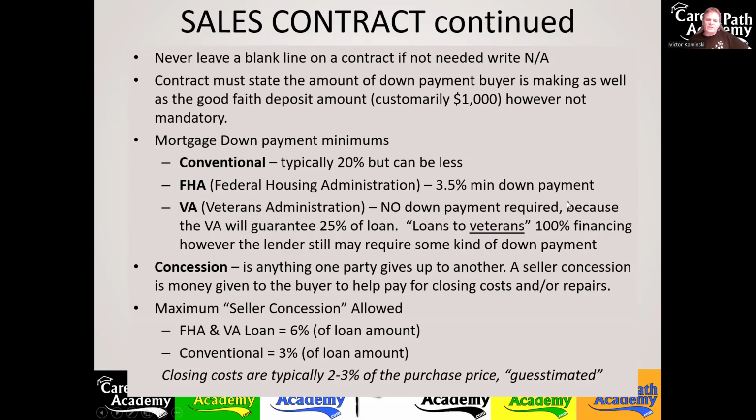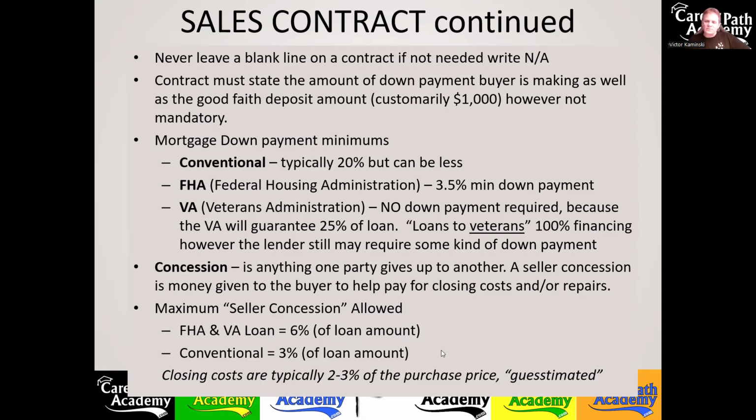If it's an FHA or VA type loan, the maximum seller concession allowed is 6% of the loan amount, not the purchase price, but the loan amount. And if it's a conventional type loan, that maximum is 3% of the loan amount.